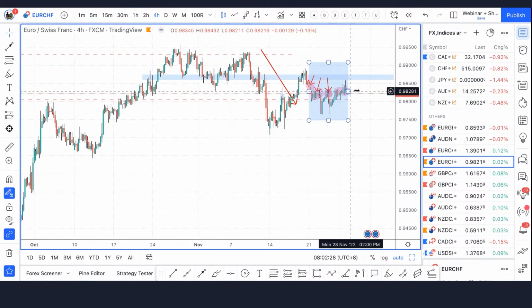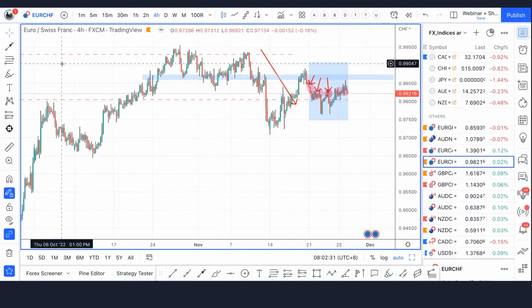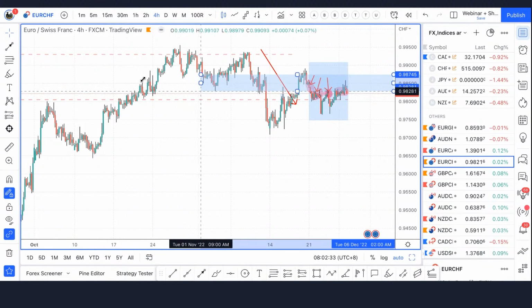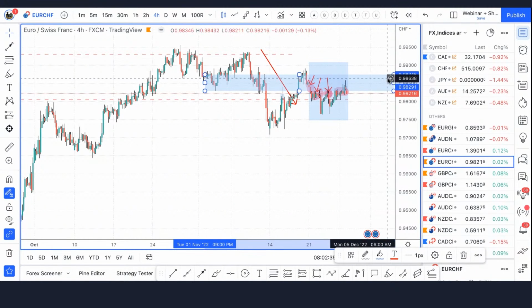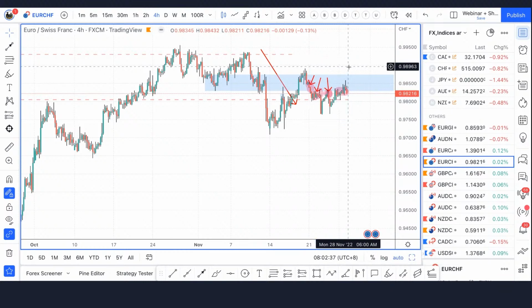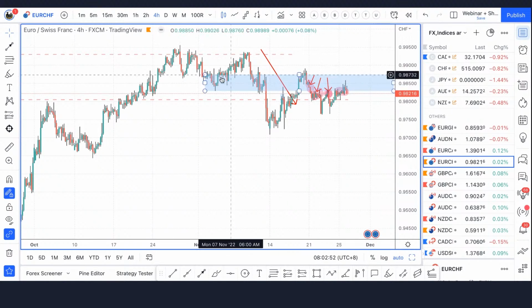So this blue zone, just continue to monitor here, and then look for opportunity to short, unless it really breaks back and changes the overall structure of the higher time frame. If not, we should still look at how we can go about going short for this particular pair, Euro Swissy.